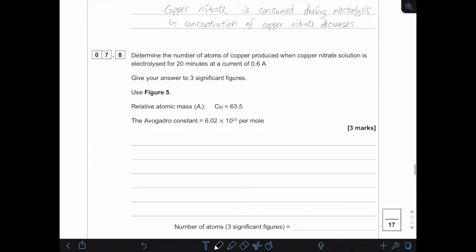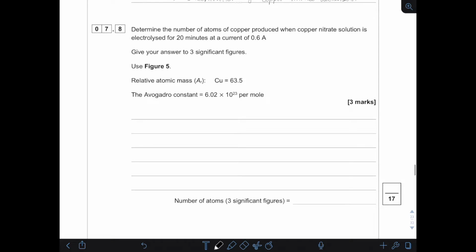Okay, determine the number of atoms of copper produced when copper nitrate is electrolyzed for 20 minutes at 0.6 amps. Give your answer to 3SF.